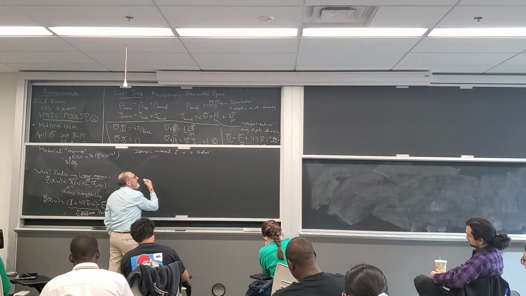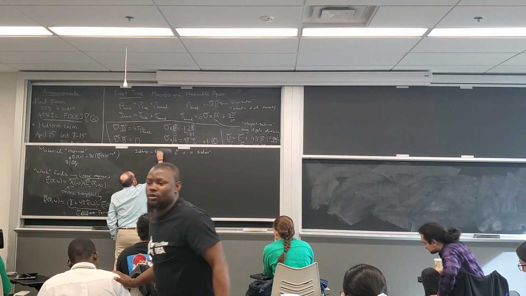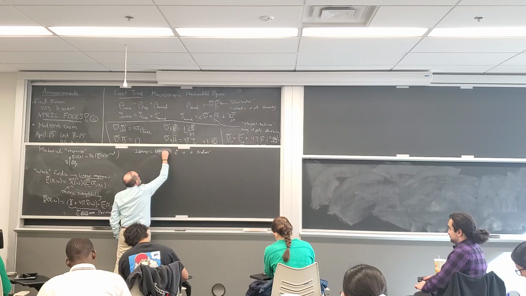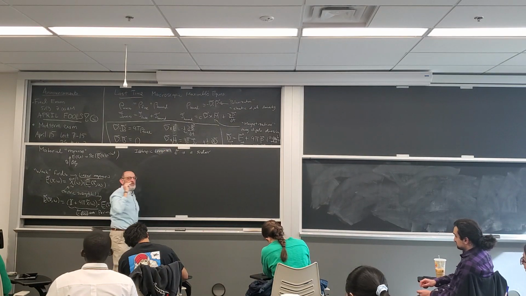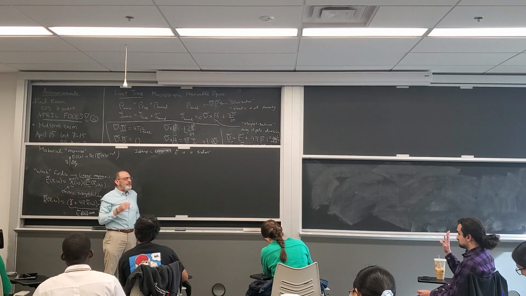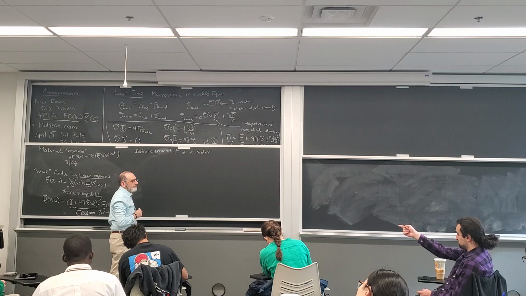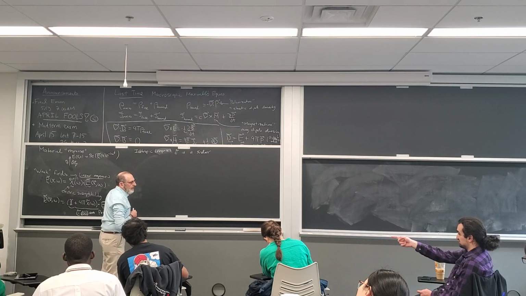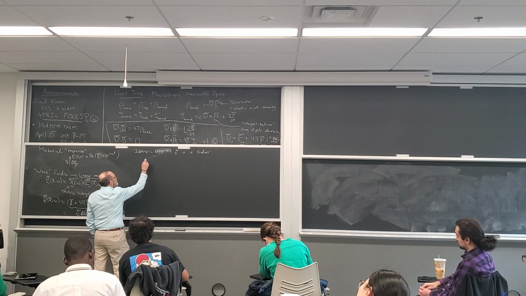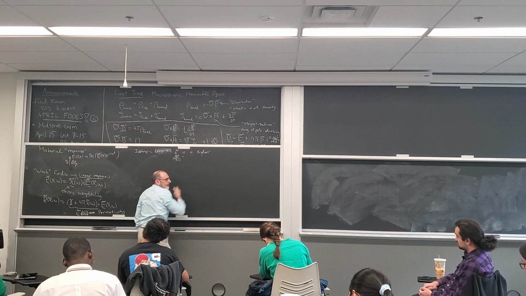Isotropic response means it's the same response whether I'm pushing it in this direction or that direction; it responds the same way. If it's isotropic, does that mean the susceptibility is a constant? That's correct. So epsilon is a scalar, and chi is also a scalar, absolutely.